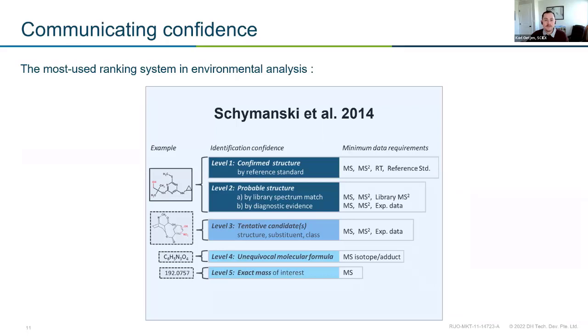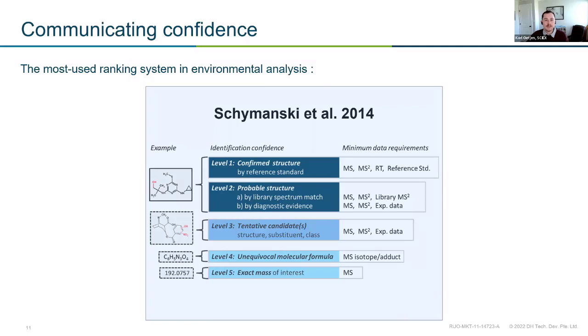These are a way that we can communicate to each other how confident we are in a result. If we think of it as a pyramid, the bottom of our pyramid would be a level 5. This is when we just have a mass. So we have a feature with a mass. That's all the information we know. It's still important, but not a whole ton we can do with it at that moment. We're not confident in what it actually is.